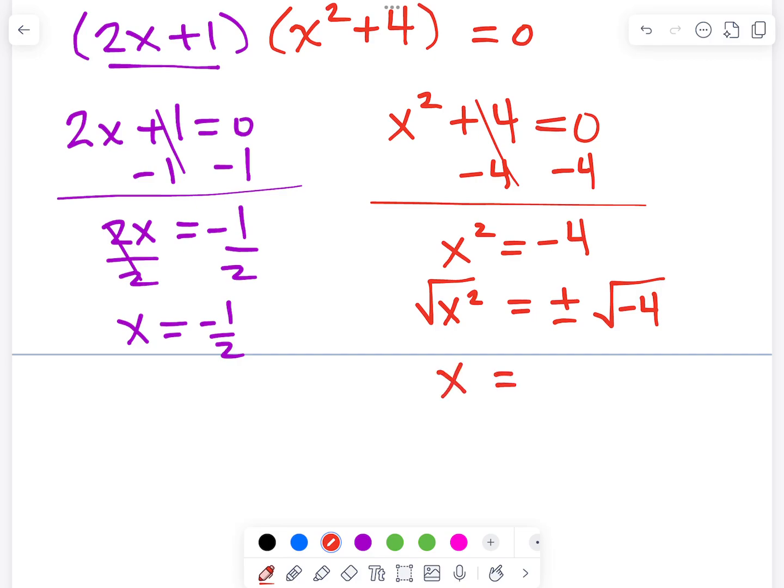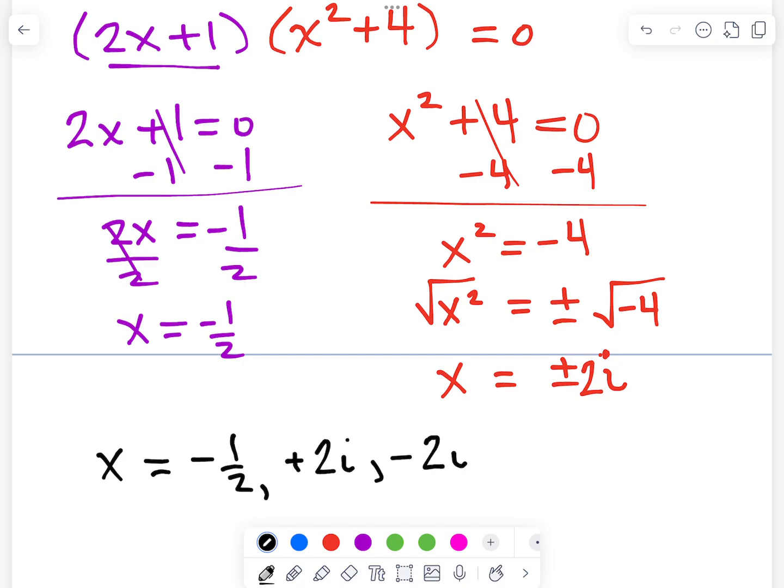X equals, and now notice there's a negative underneath that square root, so that's going to become an i. And then the square root of 4 is 2. So now we have two non-real roots, which we call imaginary roots. So our zeros are negative 1/2, positive 2i, and negative 2i.